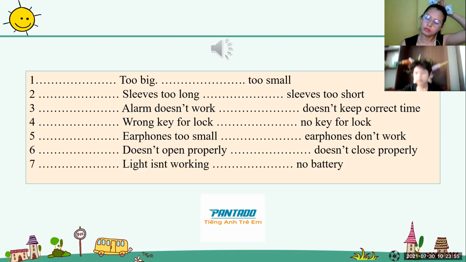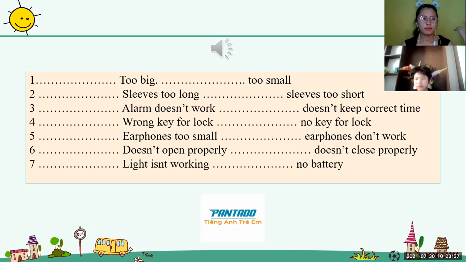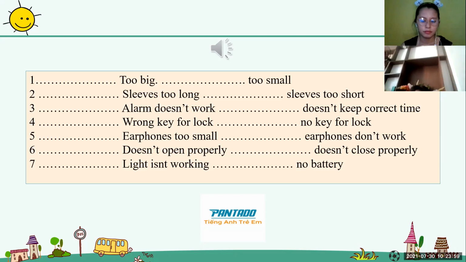I can't hear any sound on these earphones. 6. I can't get this umbrella to open properly. It seems to get stuck. 7. I can't get this torch to work. I don't think there's anything wrong with the battery.